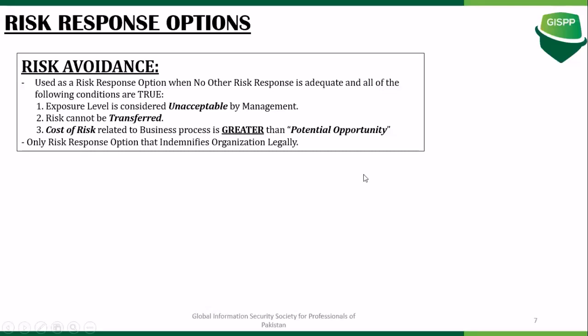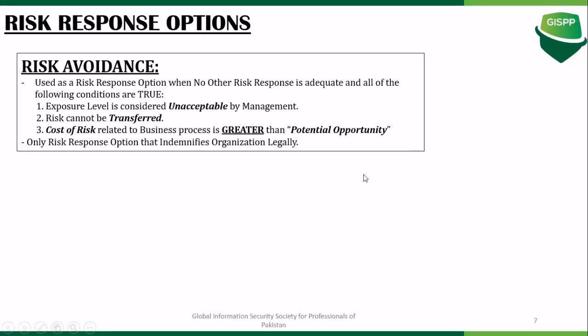I assume that in the earlier domain it was discussed that there are three levels that management considers. One is acceptable, unacceptable, there was one more. So when the exposure level is considered unacceptable by the management, you go for risk avoidance. And when you cannot transfer the risk, in such cases also you go for risk avoidance.